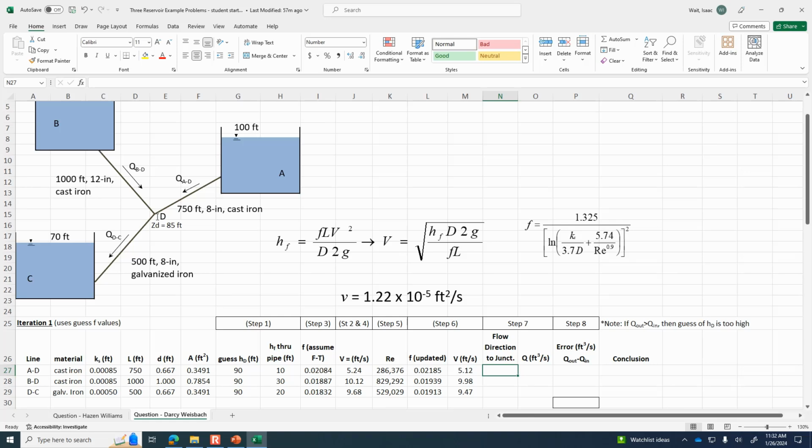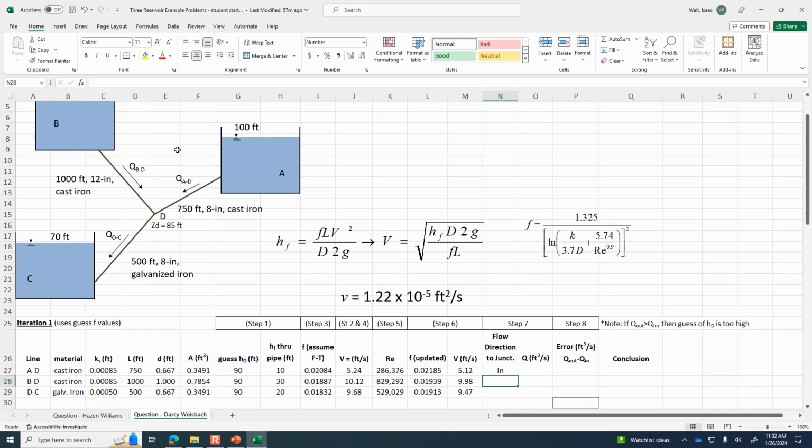If the head at D is 90, then water's flowing from A to D. So I'm going to say in, because it's coming into the junction from the pipe in question.